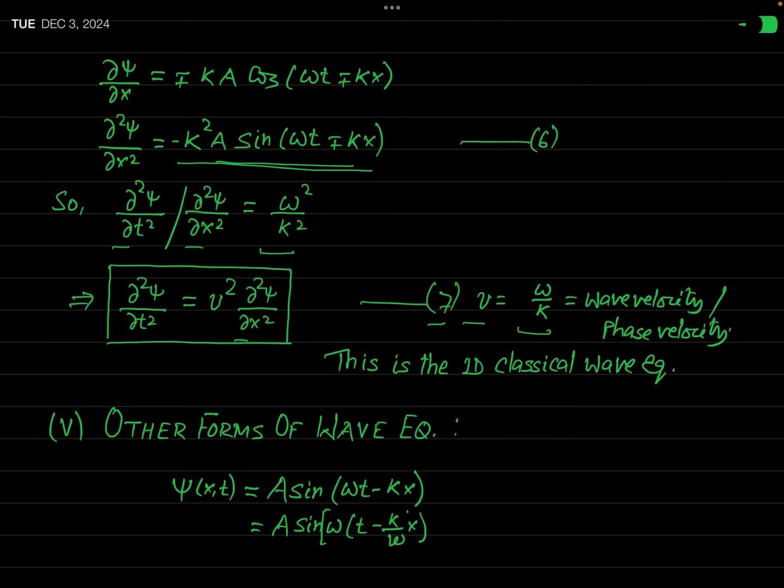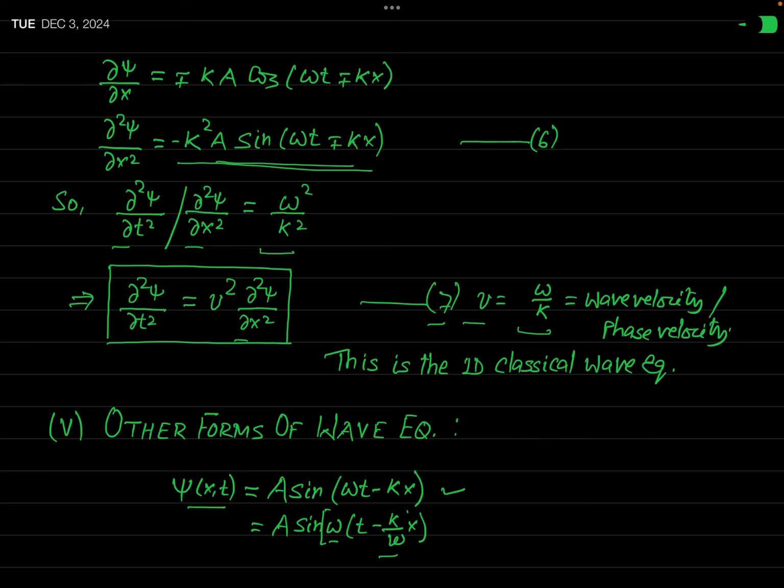Okay. Now actually in different physical problems we use different forms of this wave equation. You know, the basic wave equation for the plane progressive wave is psi equal to a sine(omega t minus kx). Now let us cast this equation in a different form. If you take omega as a common factor, the remaining term will be t minus k over omega times x.